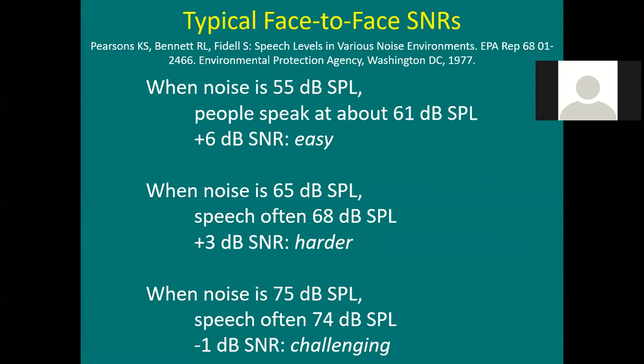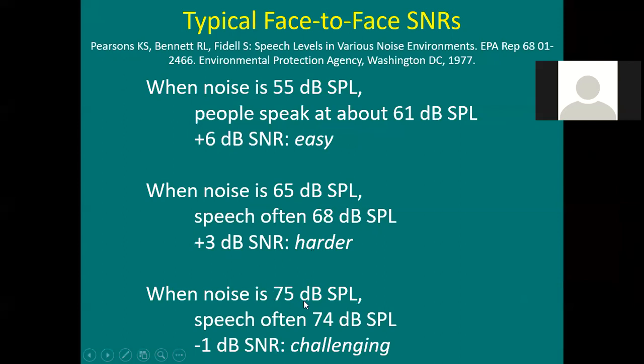Now, when you look at this slide, memorize this one too for the final. It's important. When noise is soft, around 55, people speak around 61. That's a plus 6 dB SNR. When noise is now 65, people speak around 68. That's a plus 3 SNR. That's harder.